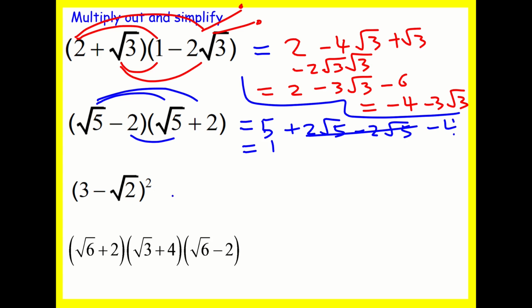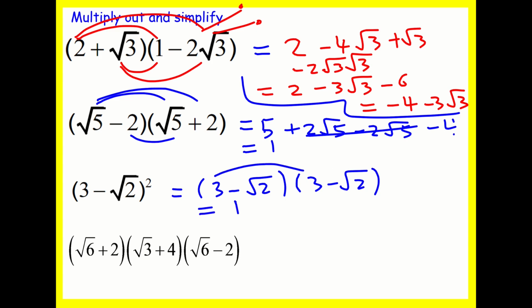Don't be fooled by this question here. It's actually a double bracket. Sometimes I see people just wanting to square the 3 and square the root 2, but there's more going on. It's this here. So yes, we are going to square the 3, and we're going to get 9, but we also need to then minus 3 root 2. And then we need to do this bottom one here.